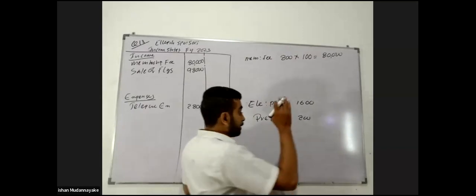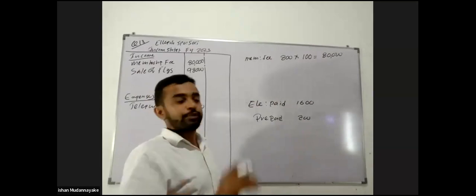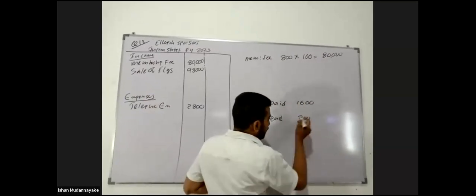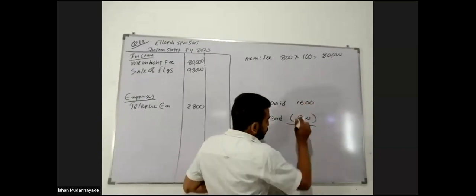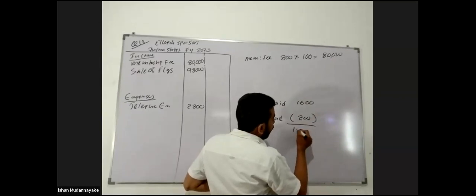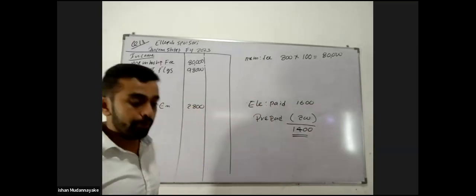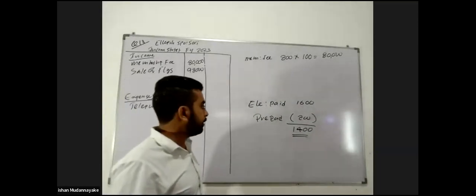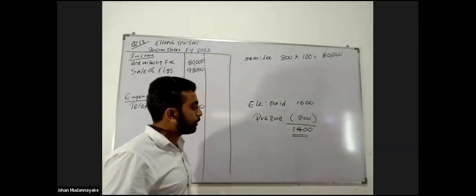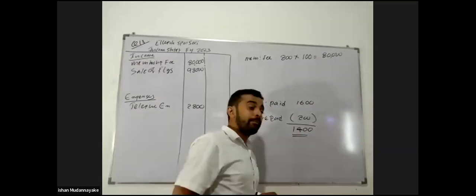To calculate relevant electricity expense for the period, 1,600 minus prepaid amount. Paid amount for the next financial year, 1,600 minus 200. Total paid amount 1,600, and then prepaid amount 200.